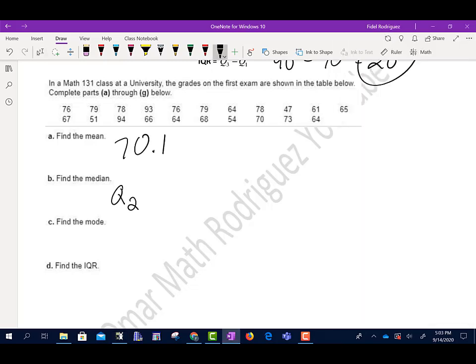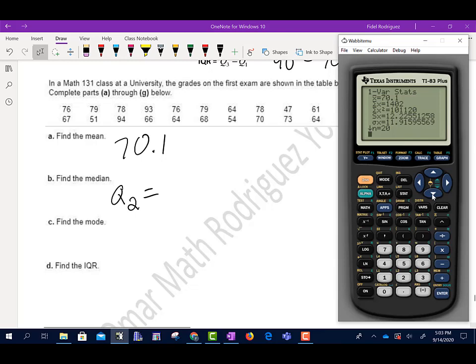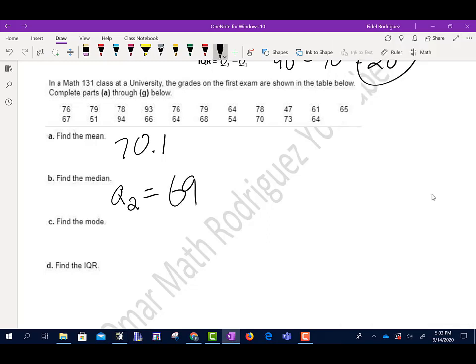My median, guys, is the same thing as my Q2. So let me come back here, and if you don't see them, if you're using a calculator like this, you just hit the little down arrow. There it is. My median is 69. I'll come back and do the mode in a minute. Remember, my IQR is going to be Q3 minus Q1.